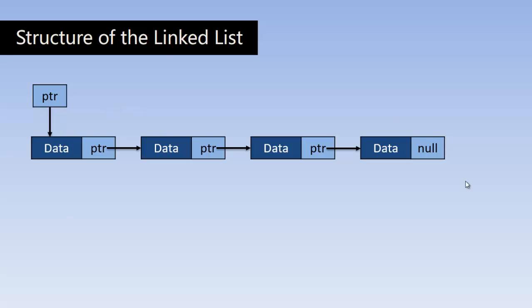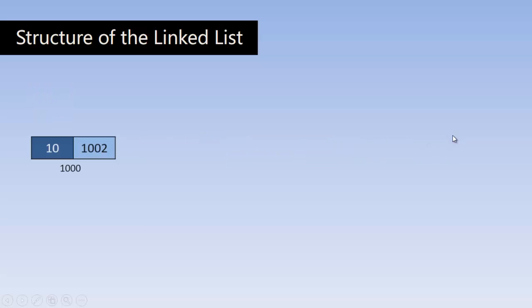So once we updated this list, it looks something like this. So this is a node. The address of this node is 1000 and the data stored in this node is 10. And in place of pointer, it has got 1002, which is the address of the second node, right?